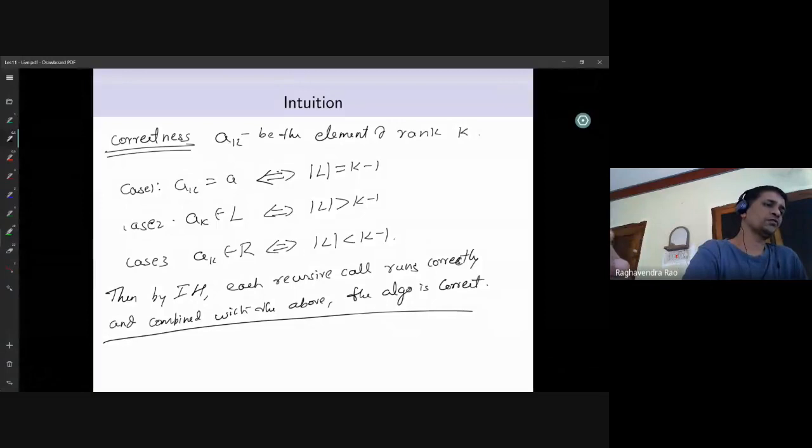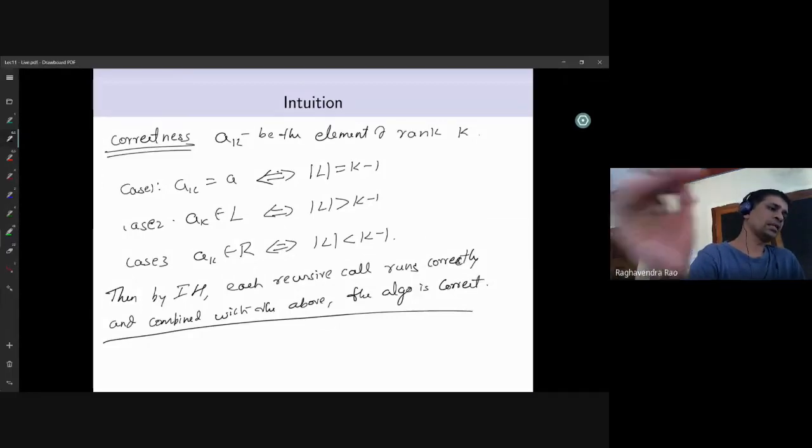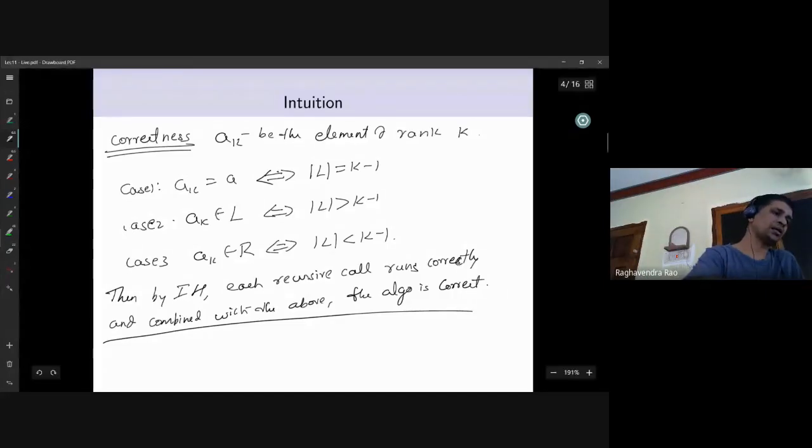What to assume is that for all arrays of size less than n, and for all values of k within the range, the algorithm runs correctly. Then these three cases are the only three possible cases. If AK is in L, the corresponding recursive call outputs correctly by the induction hypothesis. Similarly, if AK is in R, the corresponding recursive call outputs correctly by the induction hypothesis. And the first case is straightforward. So that is about the correctness part.